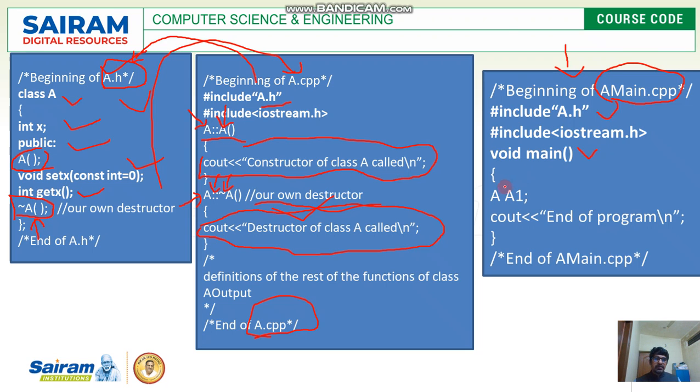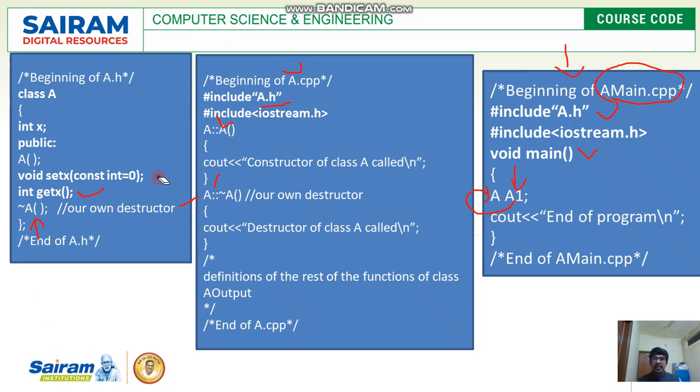Next, look at that we have created an object called a1, an object for the class A. Now what happened? As we have been discussing all this time, we learned that whenever an object is created, the constructor will be called. We need not do it explicitly.